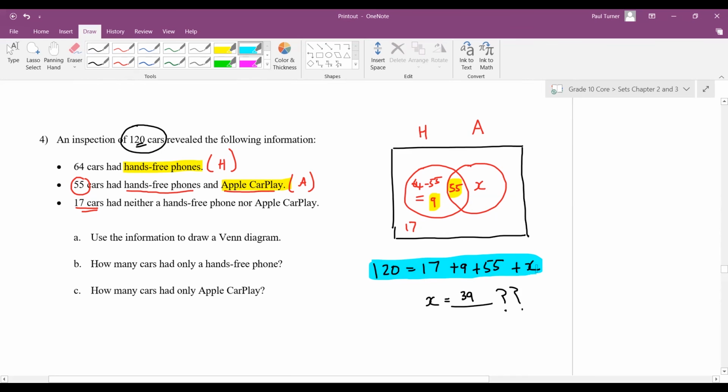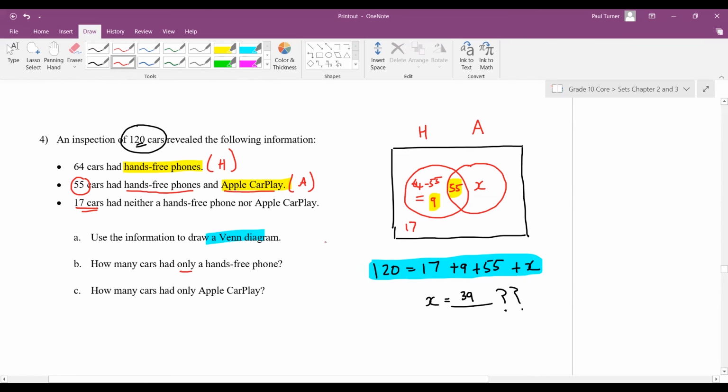So before you get your worksheet on this topic, we might do more on the next period. Okay, we might do some more on this section. So we might stop at this question here anyway. So we've got our Venn diagram that's drawn here. How many had only a hands-free phone?